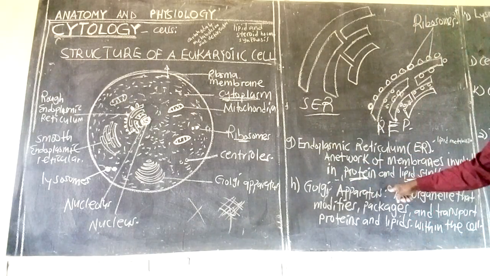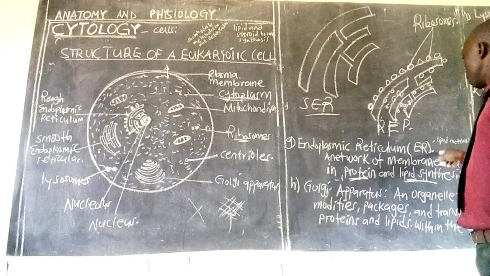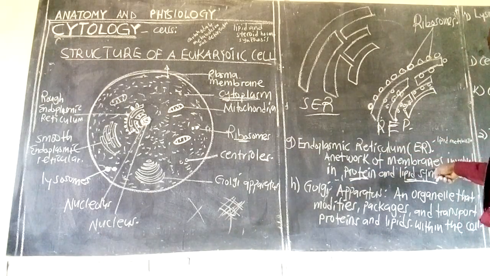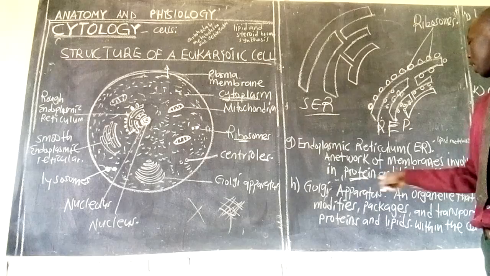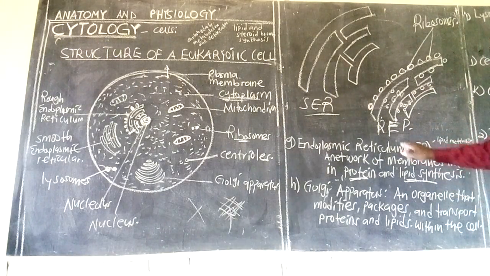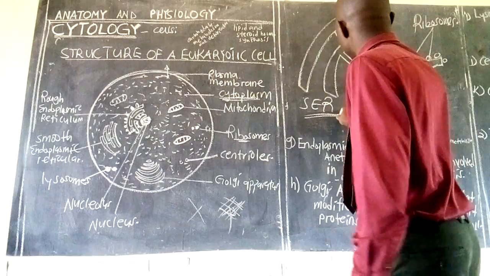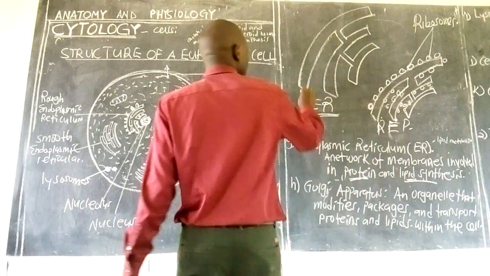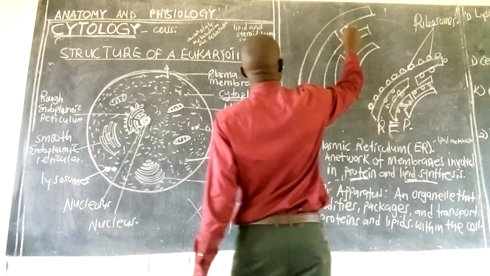So that is the rough endoplasmic reticulum. It is a network of membranes involved in protein and lipid synthesis. That is the rough endoplasmic reticulum.